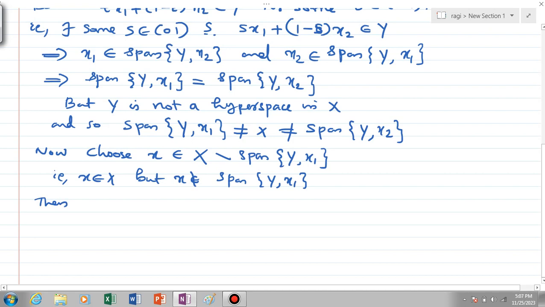Then the line segment joining x1 and x, that is t x1 + (1 - t) x, is not an element of Y for all t in the closed interval [0, 1] or open interval (0, 1).